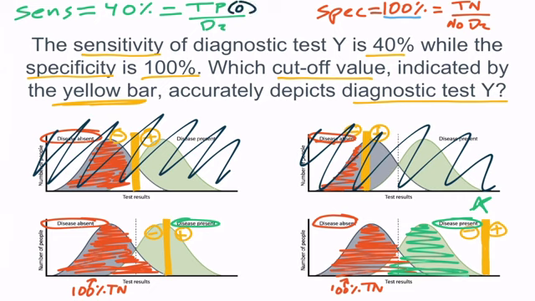And we know that our sensitivity is 40%. So a true positive number of 0 doesn't make sense. So we can rule out this bottom right graph. And this bottom left graph is the correct answer. And this makes sense because it shows that at least some of our diseased patients are testing positive. So it's not great sensitivity, but it's not 0.